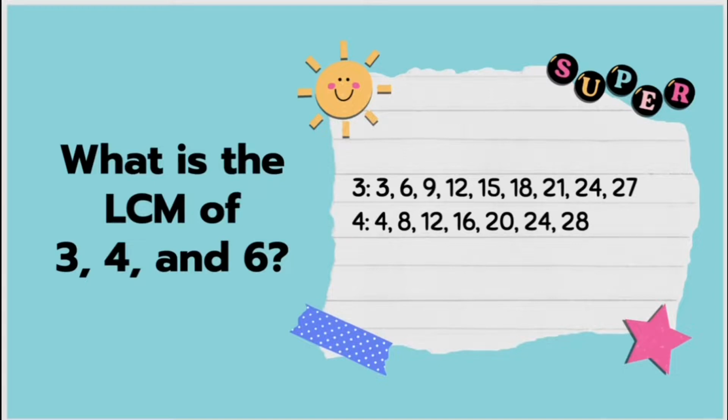And now our 6's. 6, 12, 18, 24, and 30. So I see that I have 12's in common with all of them. So I'm going to circle the 12 in each of those multiples. I also see that I have 24 in common.